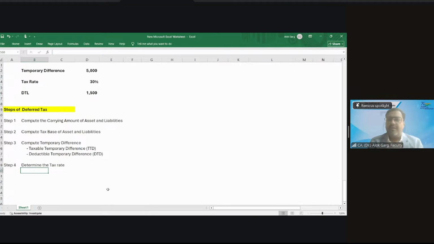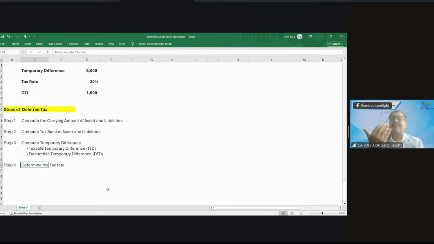Every year there is a budget session and an income tax bill presented. If before the end of the reporting date a new tax rate is enacted or going to be approved in parliament, but the rate has been announced, you have to take that rate for deferred tax calculations.